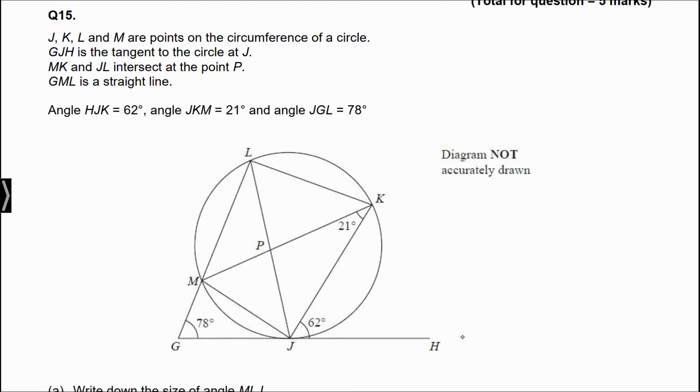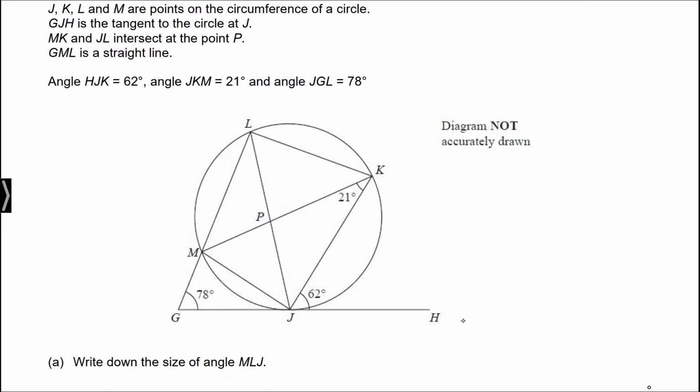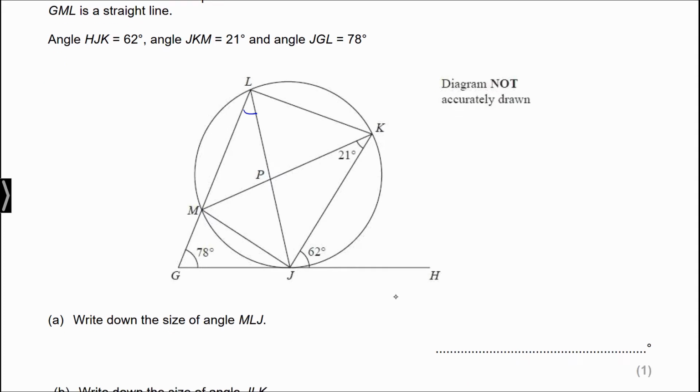In the first part of this question, we are required to write down the size of angle MLJ. MLJ is this angle here. We know from circle theorems that angles in the same segment are equal.